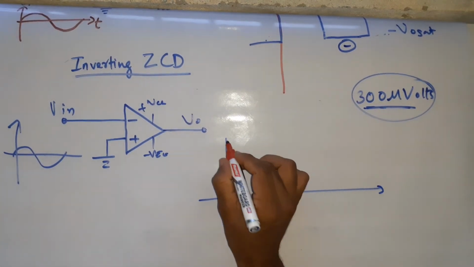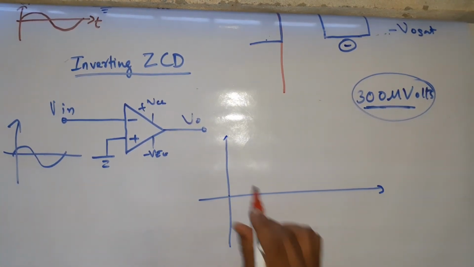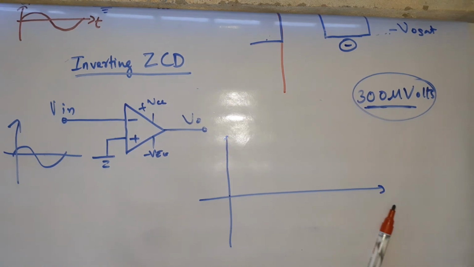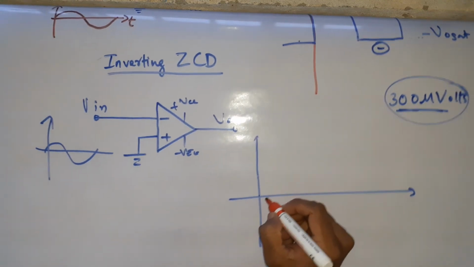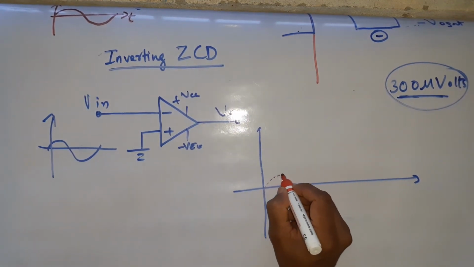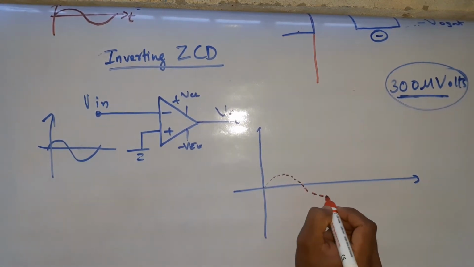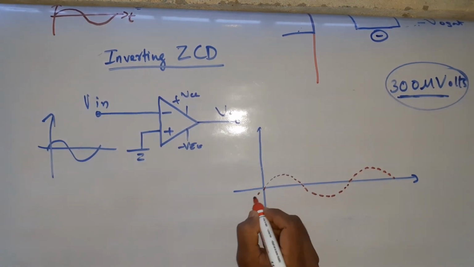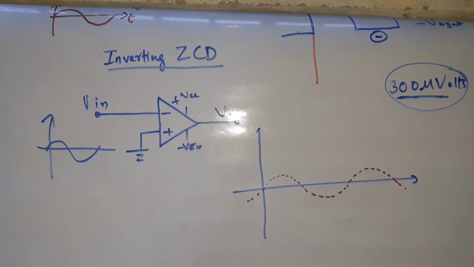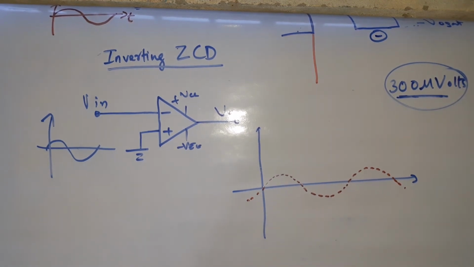If this is your input, the dotted line is representing the input. So how will our output be?